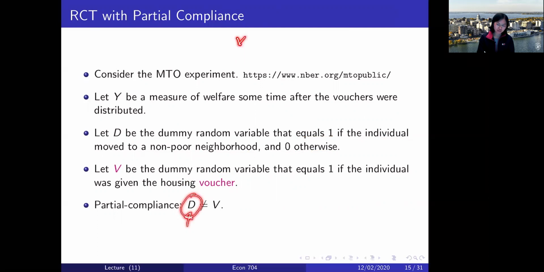Our causal model is y equals beta 0 plus beta 1 D plus U. We really care about the effect of moving to a non-poor neighborhood on the welfare of the person. But because moving is not randomly assigned, moving is an individual choice, it is correlated with U. But we do have a V that is randomly assigned.